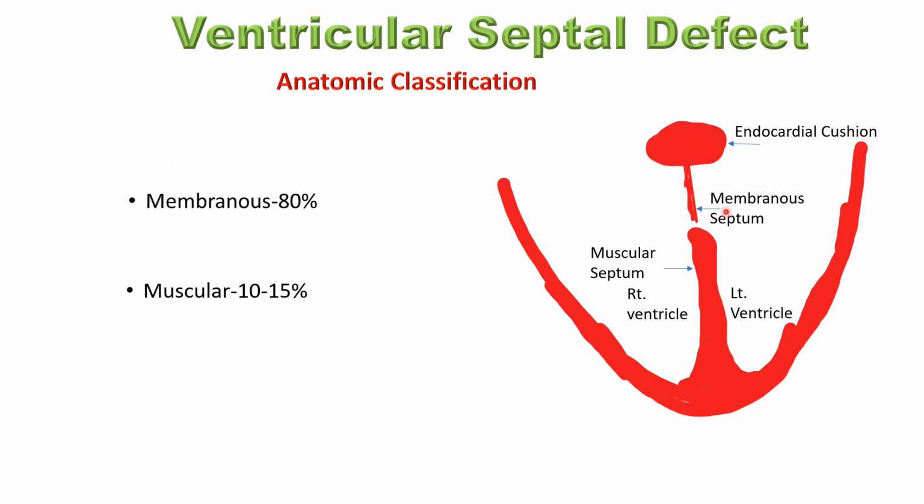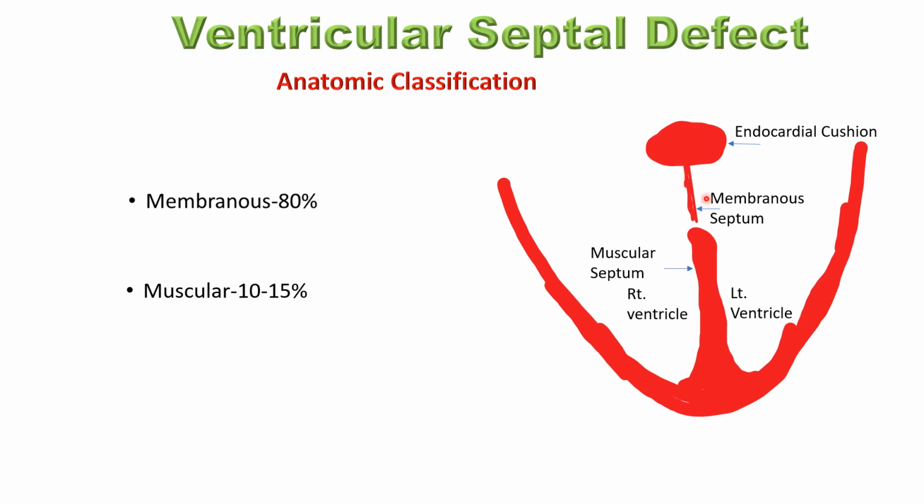This is membranous part of the septum, and defect in this membranous septum is called membranous defect. And membranous defect is near tricuspid valve. So septal leaflet of tricuspid valve can get sucked in the defect, and it can lead to tricuspid regurgitation.